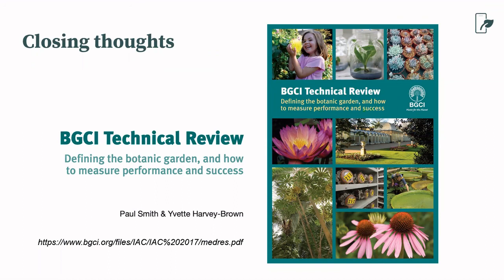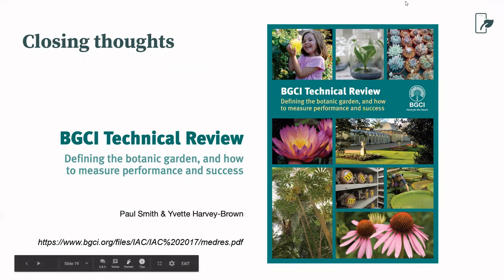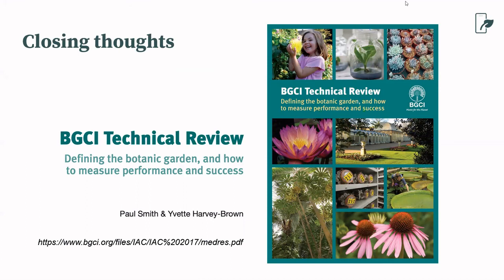Particularly for the BGCI, they're focusing on a research and conservation perspective. So if you are a historical cultural garden, there are still areas you might find interesting, but in the vast majority of cases it's research, education and visitation.